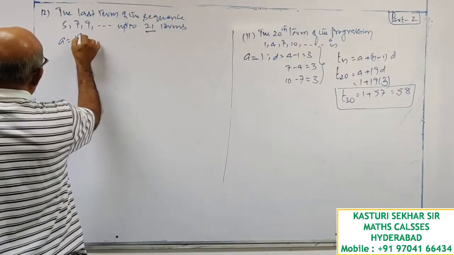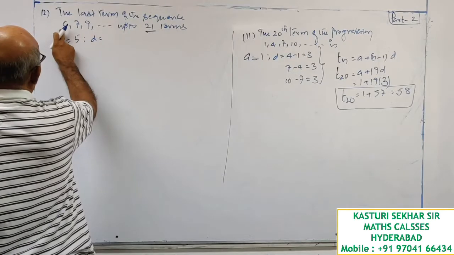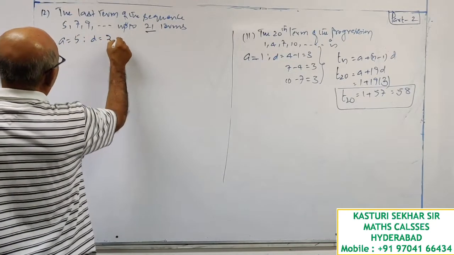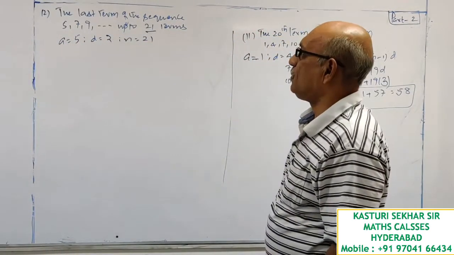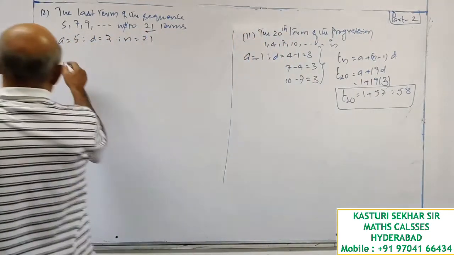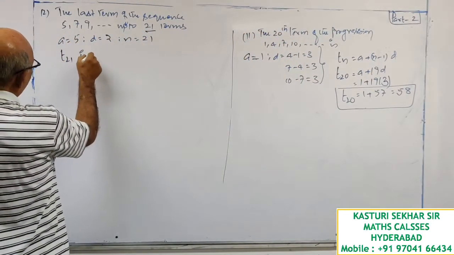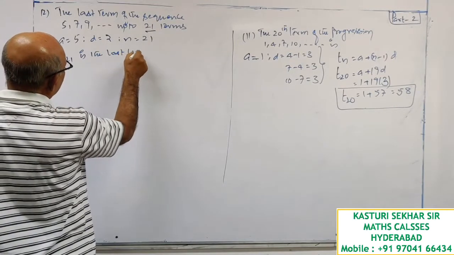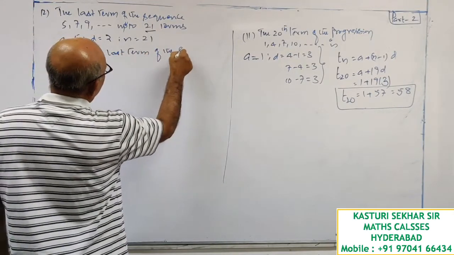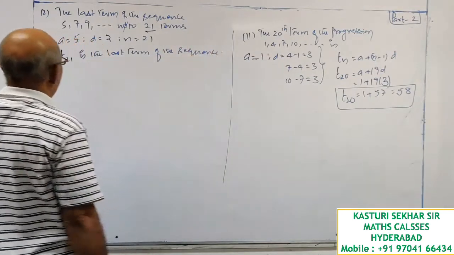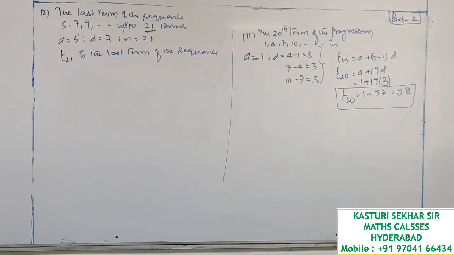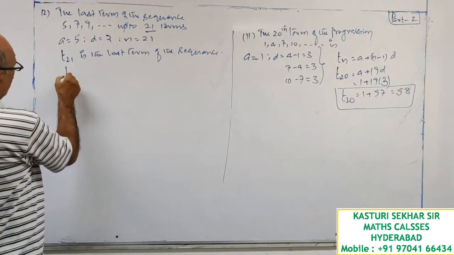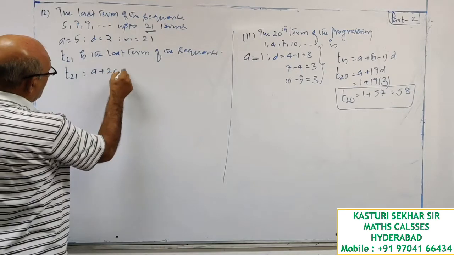So A is equal to 5, D is equal to 7 minus 5 is 2, 9 minus 7 is 2, N is equal to 21. T21 is the last term of the sequence. So T21 is equal to A plus 20D.